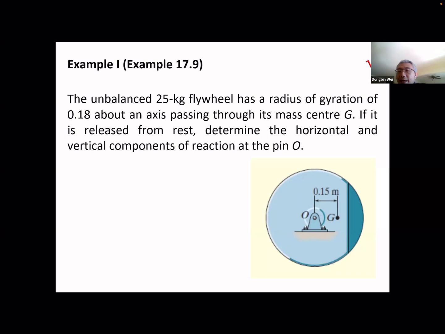As I mentioned when we watched the video of the oil pump, if this flywheel or the crank in the oil pump is static, it should be easy to work out the reaction force at the pin point O. This reaction force should be equal to the weight of this flywheel or the crank in the oil pump.